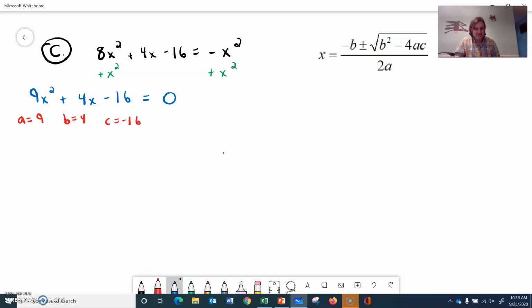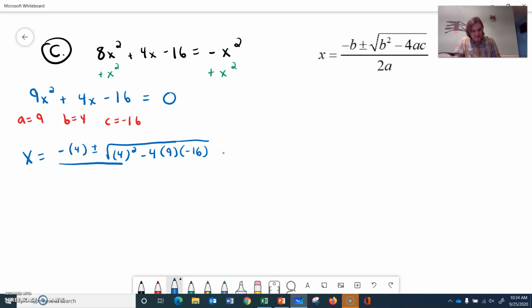So let's plug these into our formula. Negative B plus or minus the square root of B squared minus 4 times A times C, all over 2A.